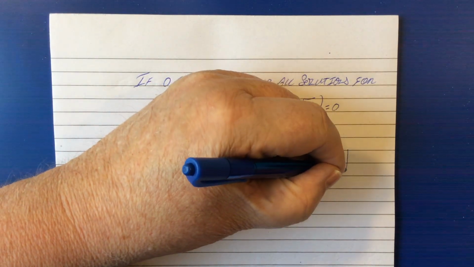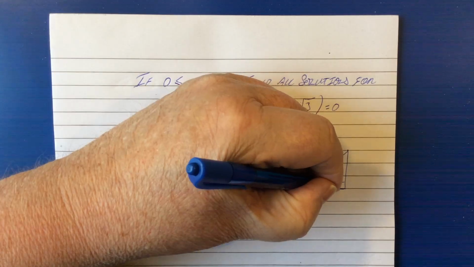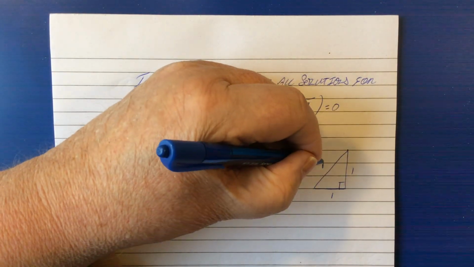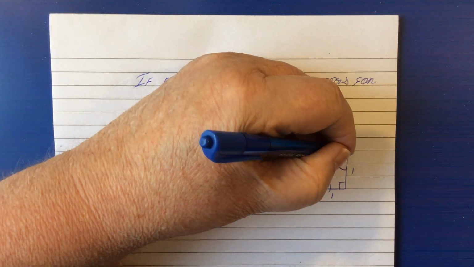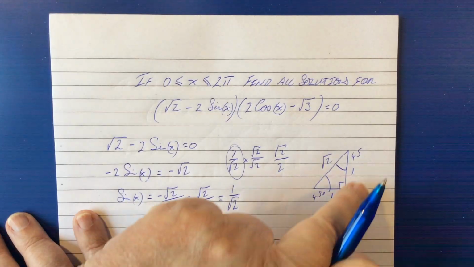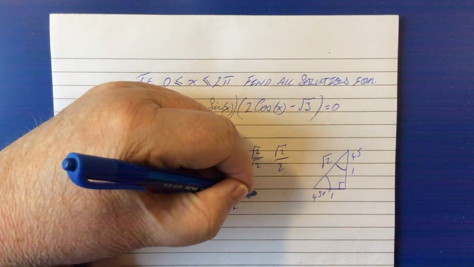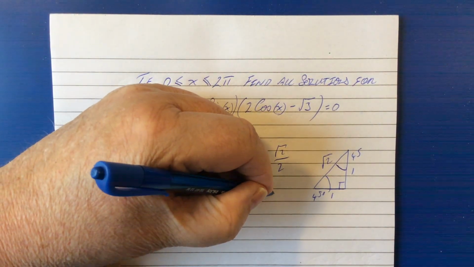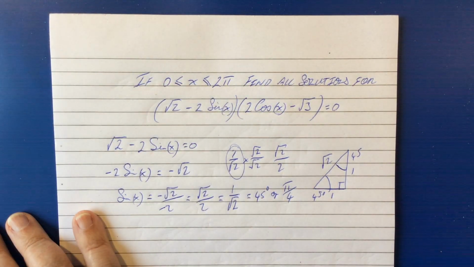And to do that, we use one of these triangles that you may or may not be familiar with, but if you do this for very long, you'll get very familiar with it. That's 45 degrees and that's 45 degrees because that's 90 and these two sides are the same length. So this is equal to 45 degrees or pi on 4. Right. That's going to be one of our solutions.